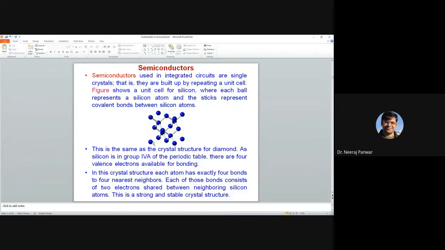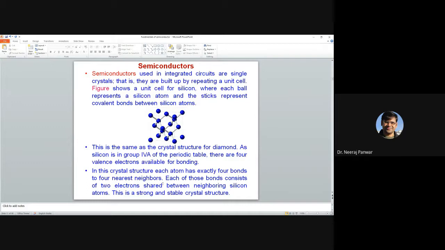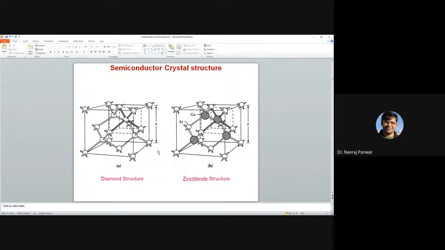In the diamond structure, each atom is covalently bonded with four neighboring atoms, and each covalent bond consists of two electrons. So this is a covalent bond. It is strong, and it gives a stable crystal structure.